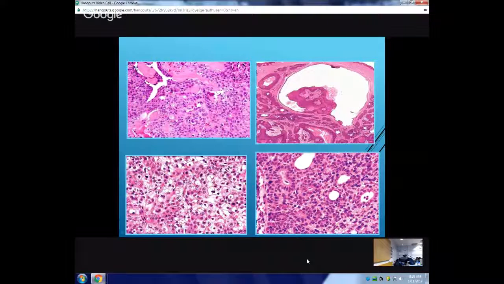But you can have ducts in hidradenoma also, right? Yeah, because it is an eccrine neoplasm, so you always have to find the ducts. The ducts are always going to be there.